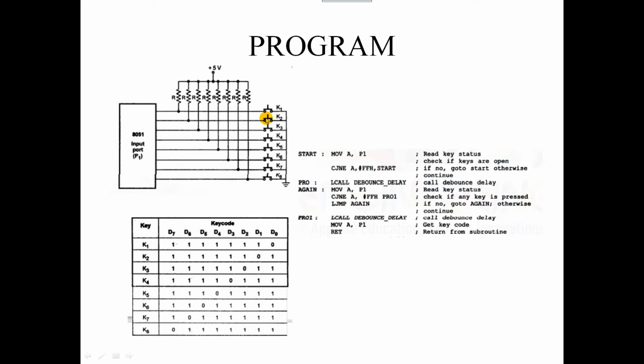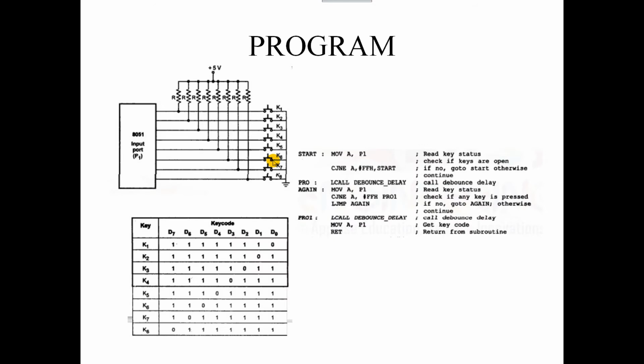If you require 16 keys in a particular keyboard, then we need 16 port pins. That is not practically available. We will have the practical availability of 8 port pins only.